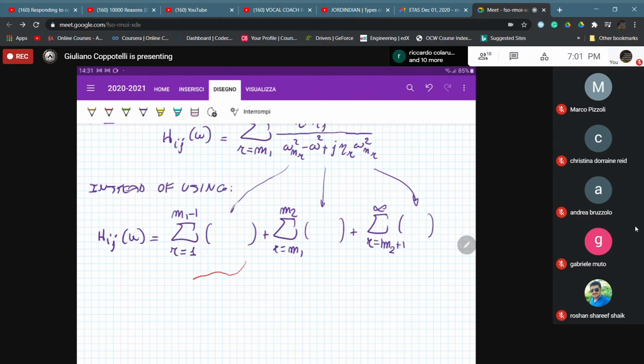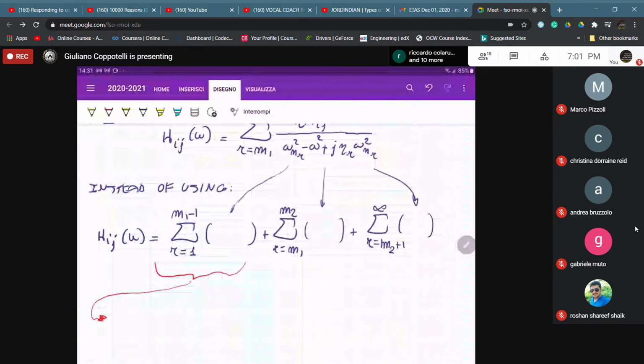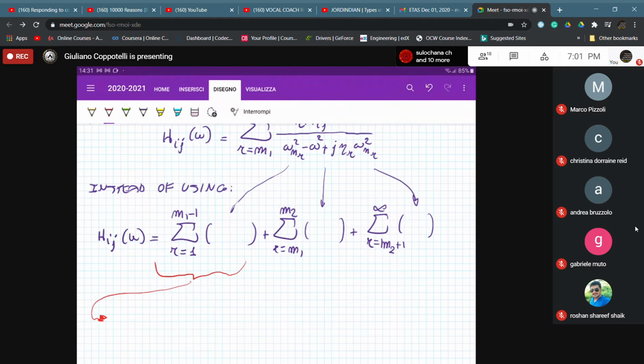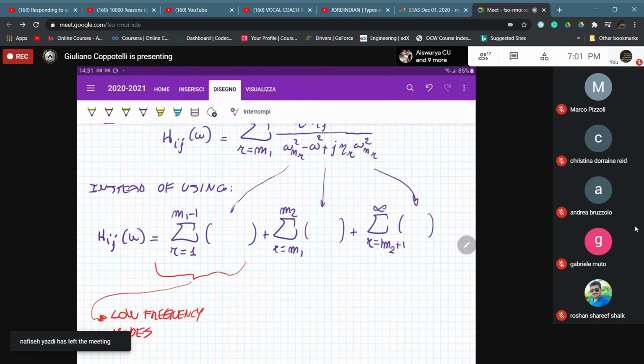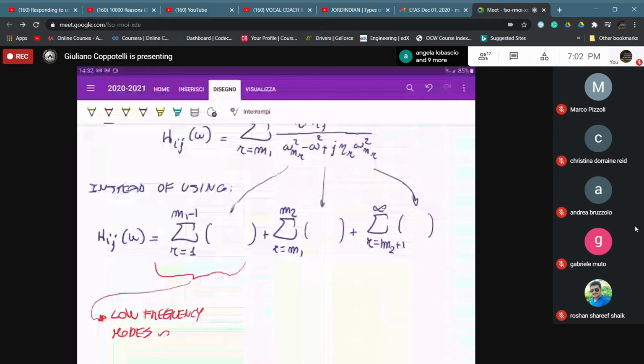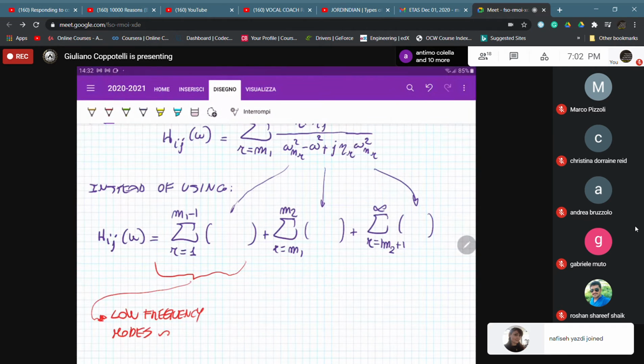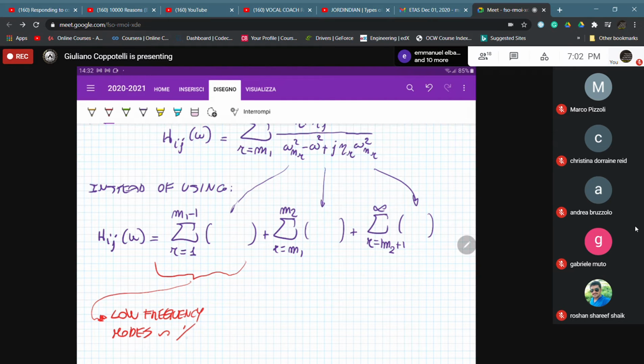Go back to your notes, I'm not going to do that right now. This contribution represents the effect of low modes, okay, that are proportional to the mass line, so 1 over negative omega squared, and then the corresponding mass acting at those frequencies.